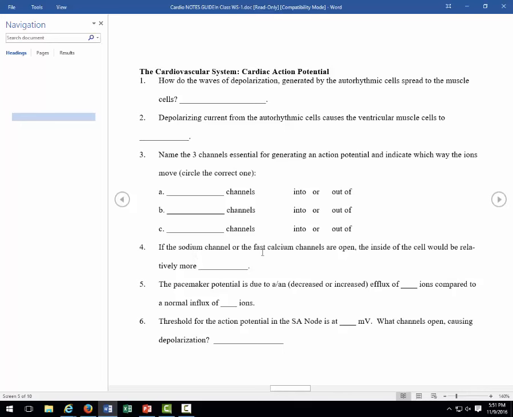So if the sodium or fast calcium channels are open, the inside of the cell would be relatively more positive. So the pacemaker potential is due to a blank efflux of what ions compared to a normal influx of what ions.